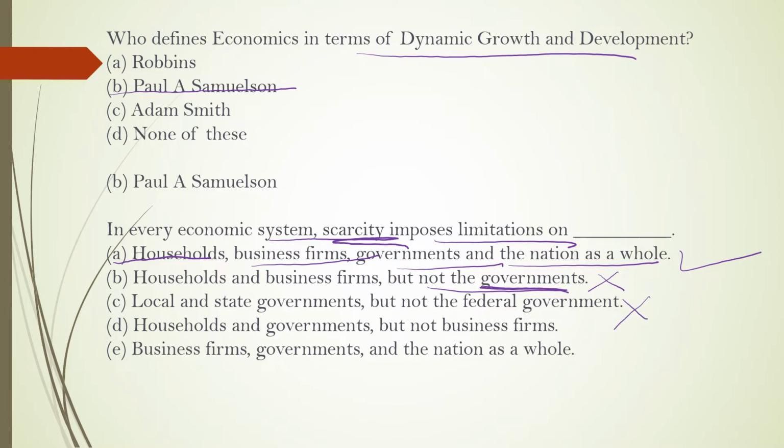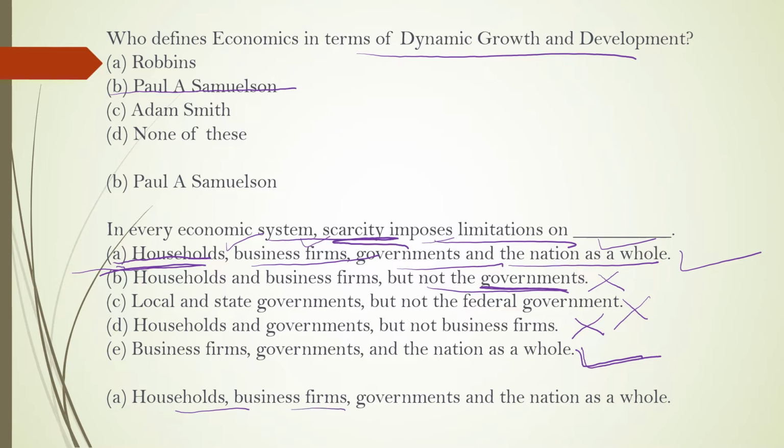Households and government but not businessmen? No, everybody will face a scarcity problem or scarcity of resources. Business firm, government and the nation as a whole? This is correct, but along with this we have to include even households. So here they have included households, business firms, government and nation as a whole. So the right answer is option A.